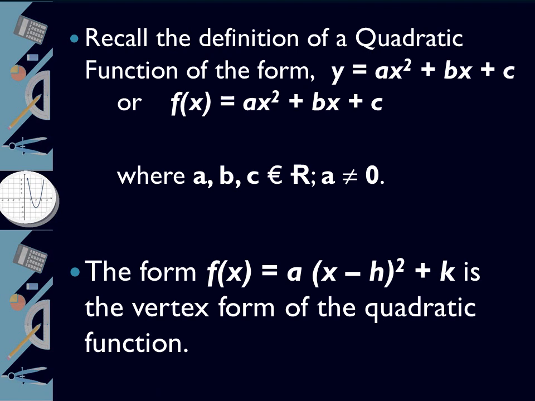And the form f of x equals a times the quantity x minus h squared plus k is the vertex form of the quadratic function.